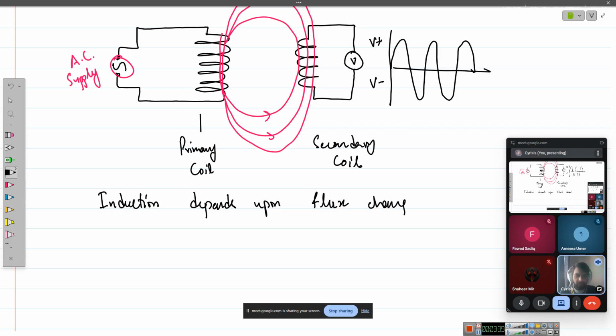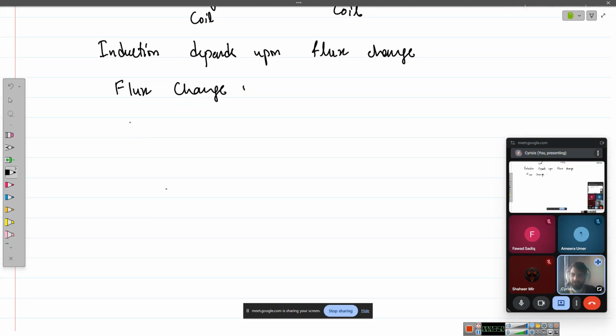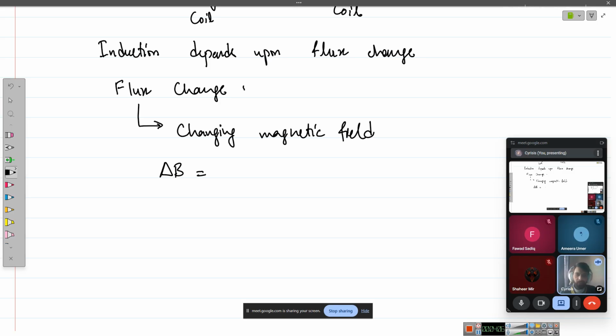Now let's define what flux change is. Flux change is basically the change in magnetic field. So a changing magnetic field is called flux change, where we say that delta B is equal to phi.